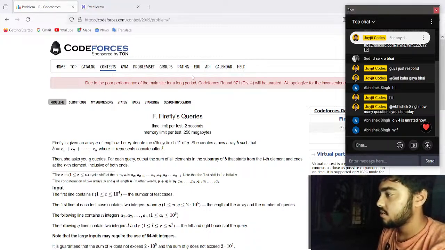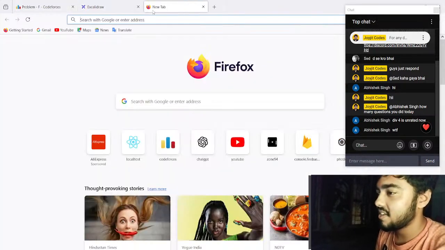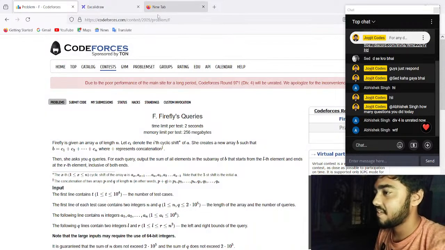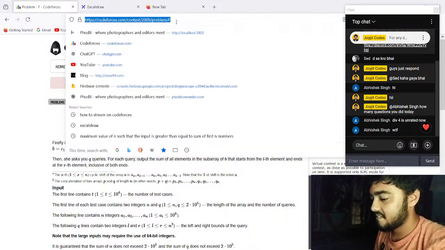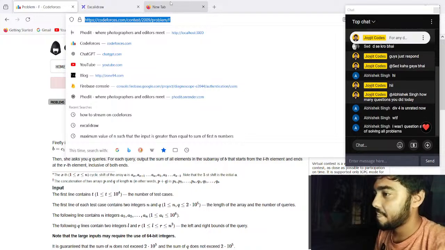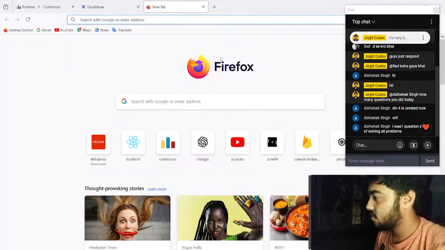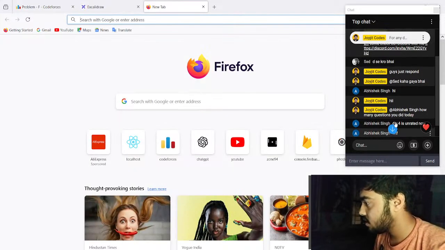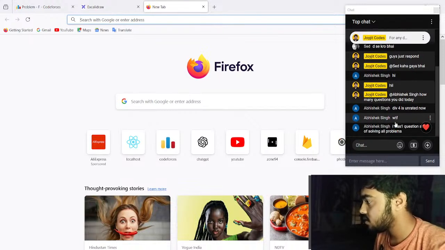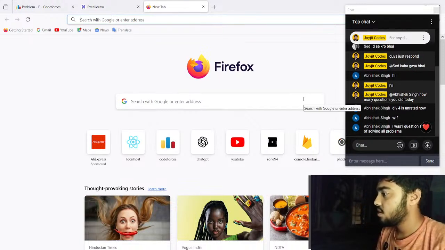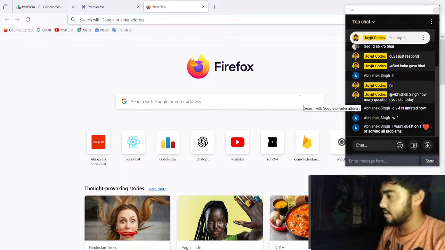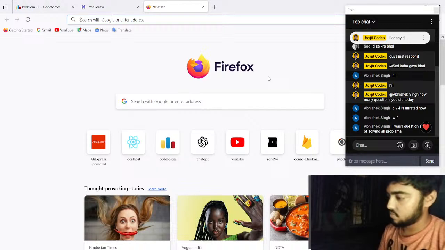Abhishek, do you want to see something? I'll just show you. I was one question shy of solving all problems. So you solved till F or till G2.